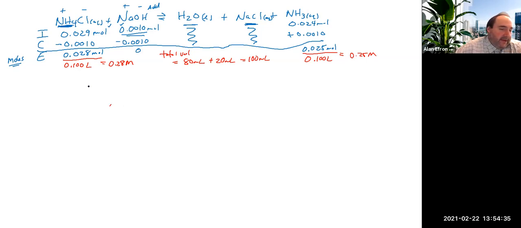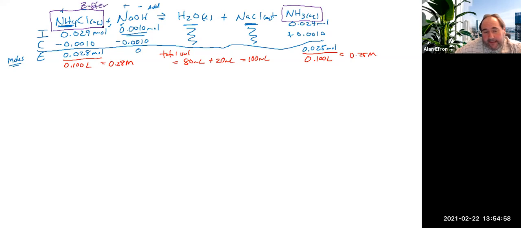So the ice table can be very helpful to you. If you look at the ice table and see what we got left at this point, we have some ammonium chloride and we have some NH3. And that again is a weak acid conjugate base or weak base conjugate acid, however you want to look at it. So this is still a buffer at this point, right?